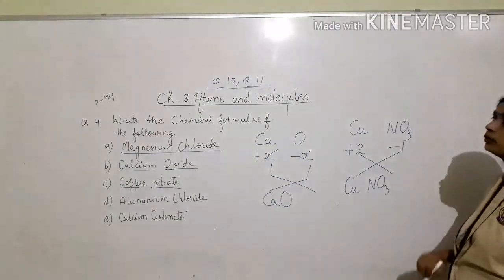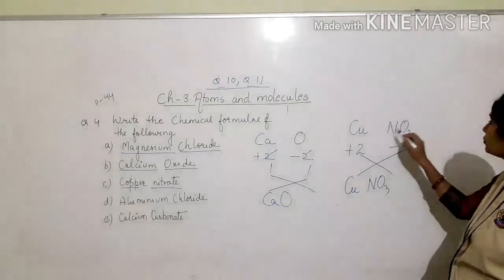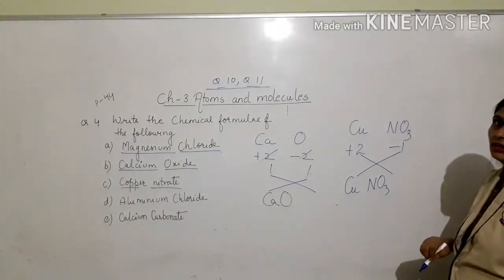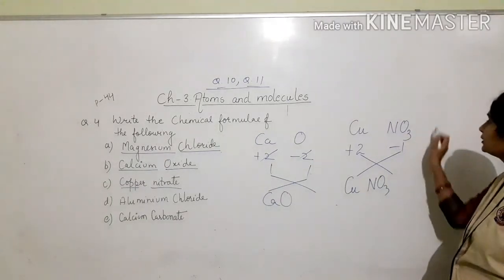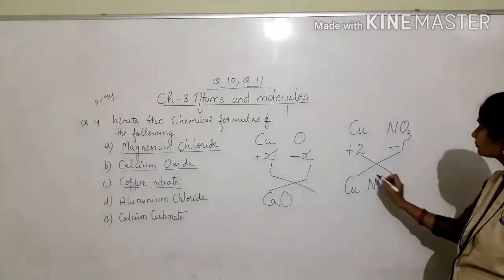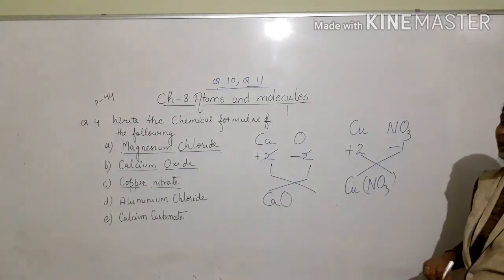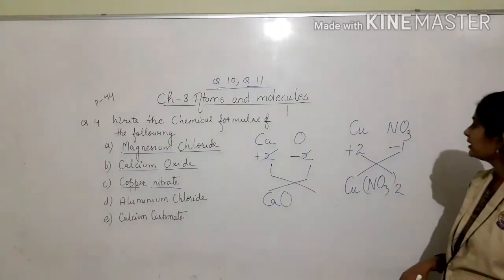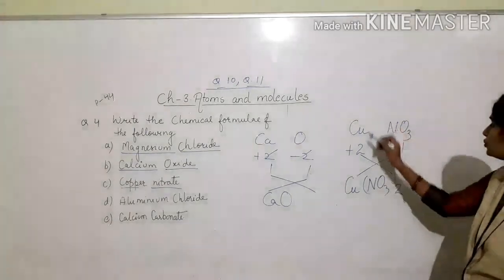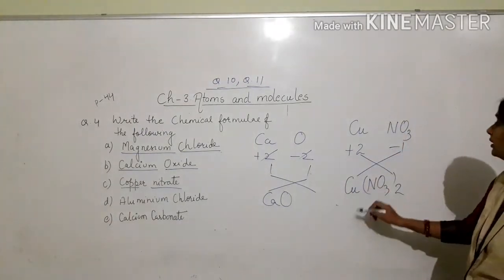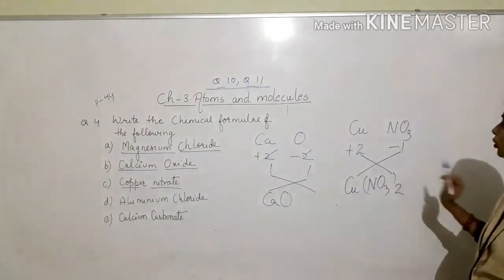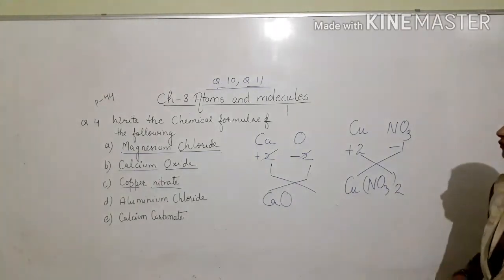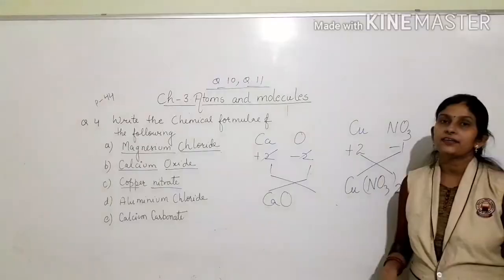This whole NO3, including nitrogen, oxygen, every kind of atom present in this polyatomic ion, is getting 2. So I will write brackets with power 2. Cu(NO3)2, this is the formula of copper nitrate.